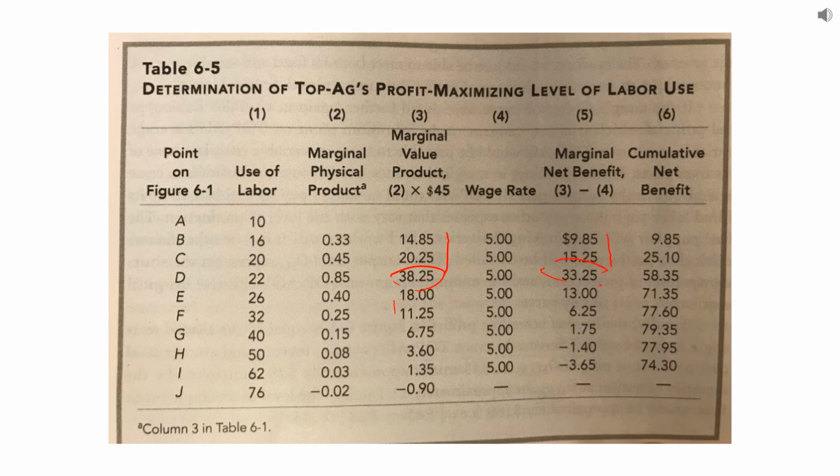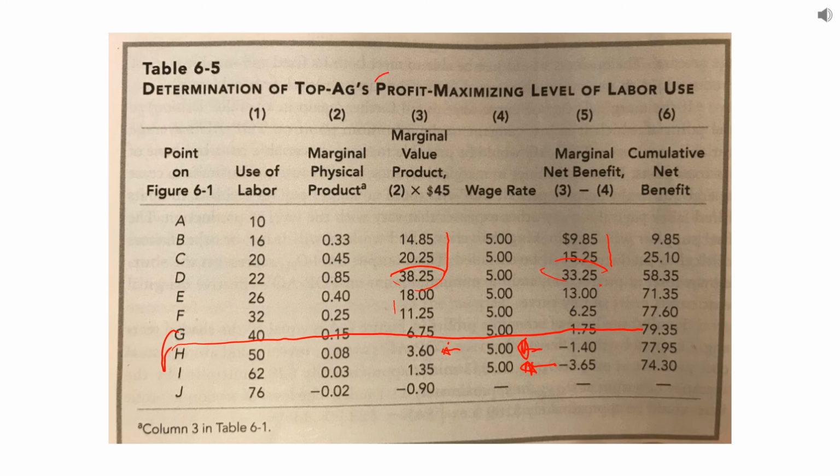So we're continuing to gain profit all through here until our wage rate is greater than our marginal value product. At that point, it's actually costing us more to hire somebody to work another hour than we are getting out of the value of the product that they are producing. So we can see that we peak here somewhere, in this G-H range.